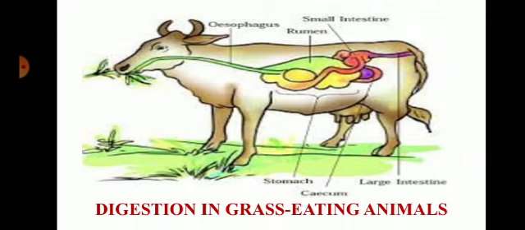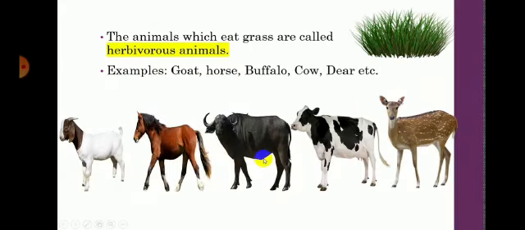Cellulose present in the food is digested by the action of bacteria, which humans do not possess. The best examples are deer, goat, zebra, horse, etc.